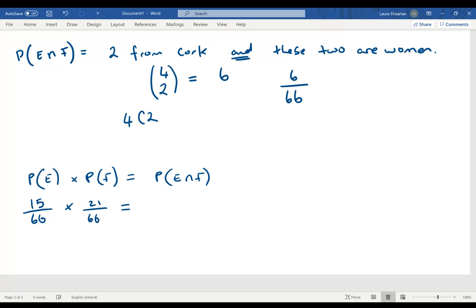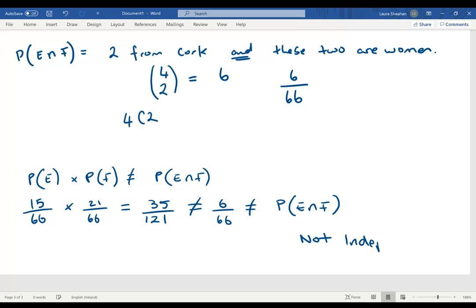Multiplying those together, I get 35 over 121, which is not equal to 6 over 66. So it is not equal to my E intersection F, and therefore these events are not independent.